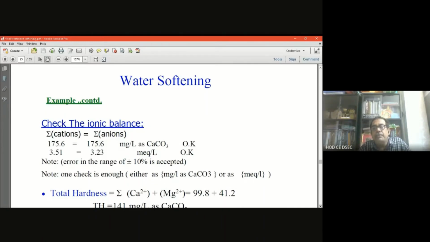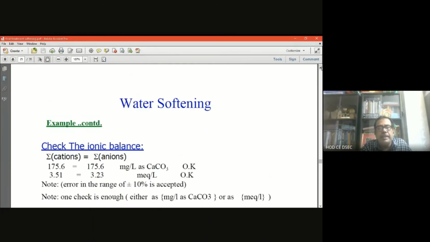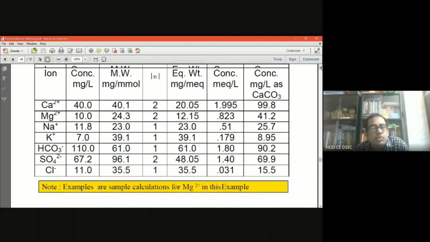From the tabular form, if you see the concentration of the ions in milligram per liter of CaCO3, the four cations calcium, magnesium, sodium, potassium, if you add the rightmost column, that is the 7th column, that is 99.8 plus 41.2 plus 25.7 plus 8.95, it will be very closely equal to HCO3 plus SO4 2 minus plus Cl minus.